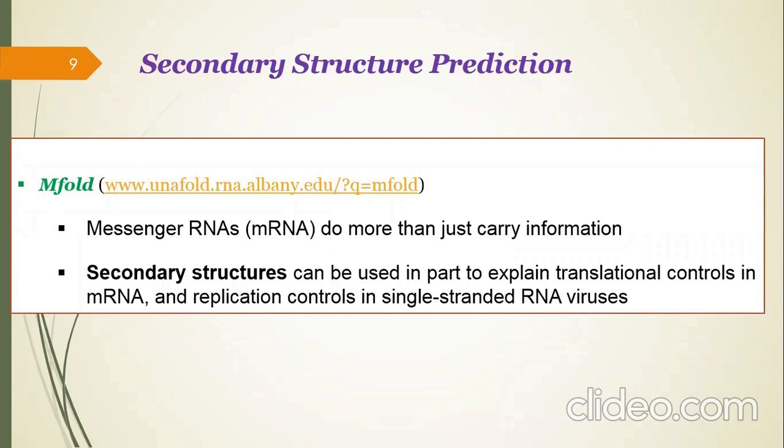Replication control usually occurs in single-stranded RNA viruses. So secondary structure is important in the context of translation control and replication control.